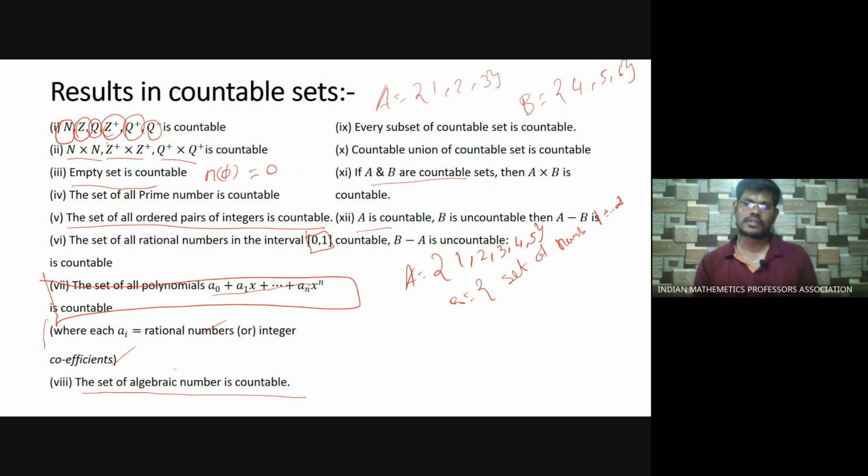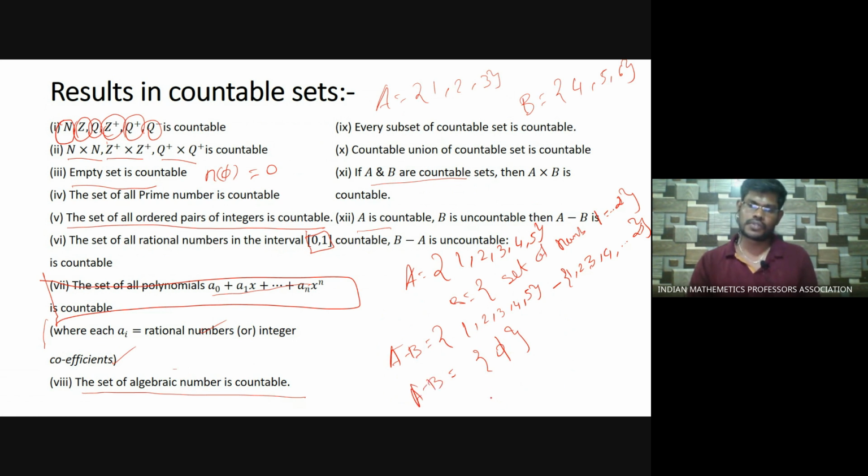This is one of the sets. Suppose you want to find A minus B: you can check {1, 2, 3, 4} minus up to infinity. Here we can easily write that it is an empty set. So A minus B is countable.